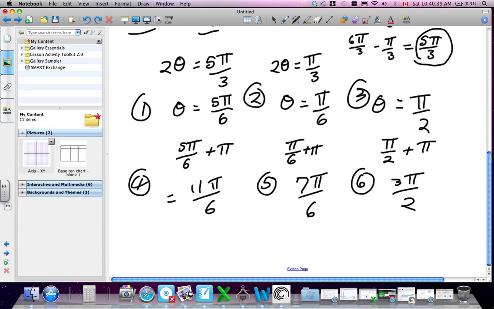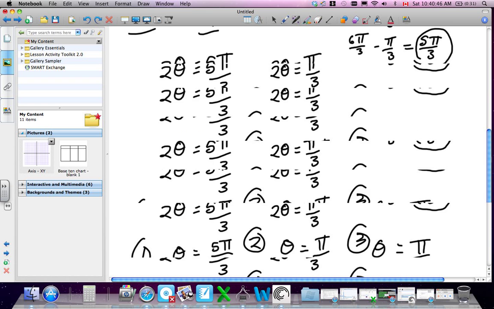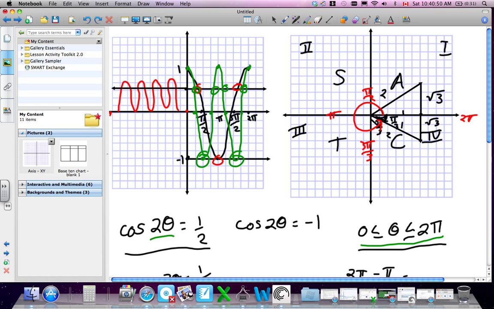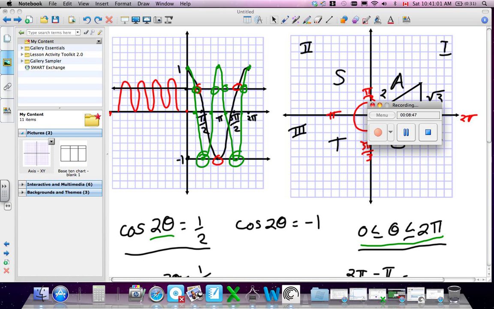So we now have 1, 2, 3, 4, 5, 6. And the whole idea behind that is, that was my fault. I didn't realize it had a period shift. Because the period shift happened, our tangent lines now touch that wave 6 different times. Oh, okay. Does that make sense? Okay. So because the period changed, we got double the solutions.